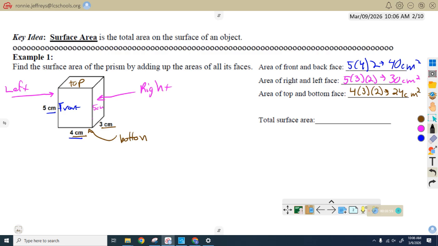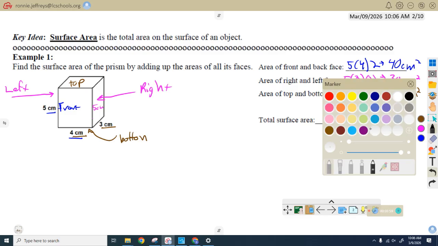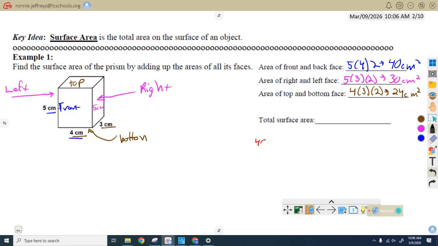Now, if we add all this up, 40 plus 30 plus 24, this all becomes 94 centimeters squared. This is the main way I like to do this. To me, it just makes sense.